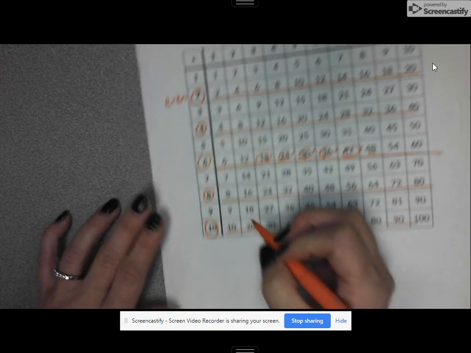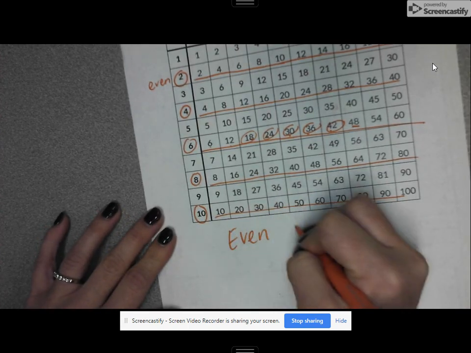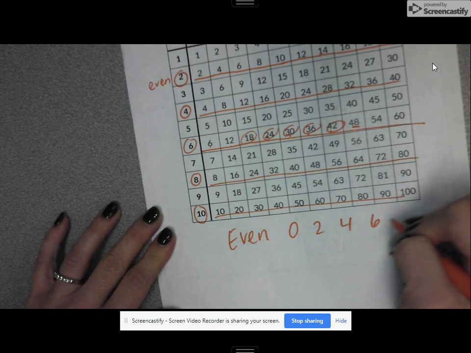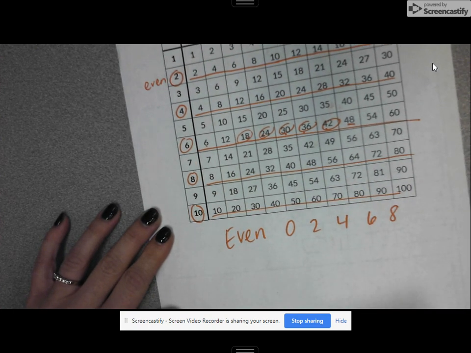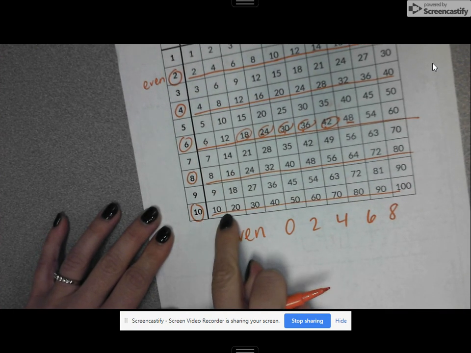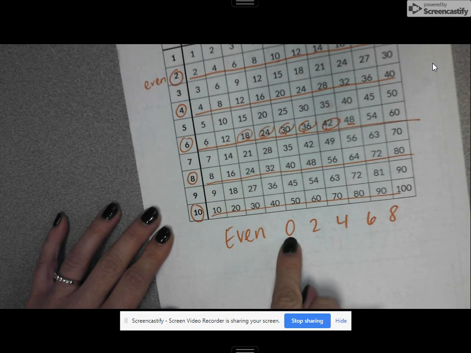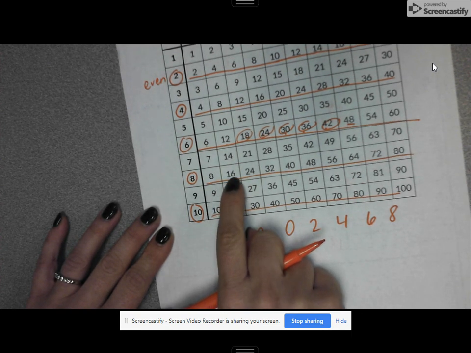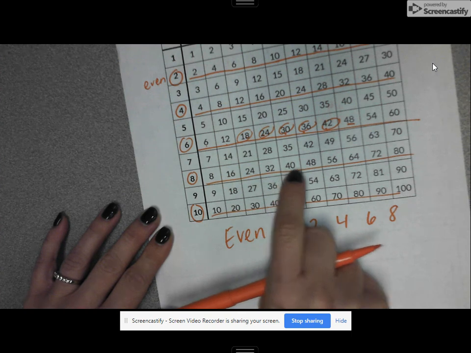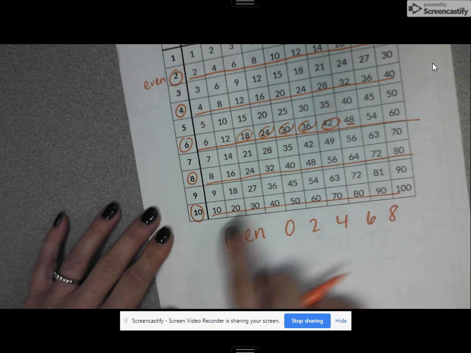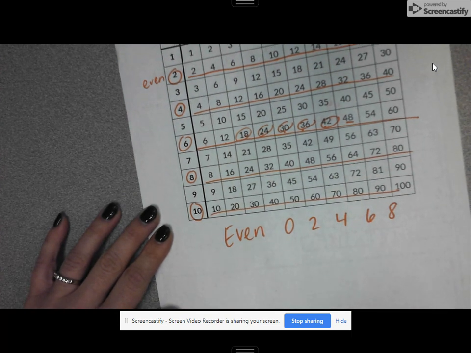Even numbers all end in 0, 2, 4, 6, or 8. So 10s, they're all even because they all end in a 0. Look at the 8s, they end in an 8, 6, 4, 2, 0. All even numbers end in 0, 2, 4, 6, or 8.